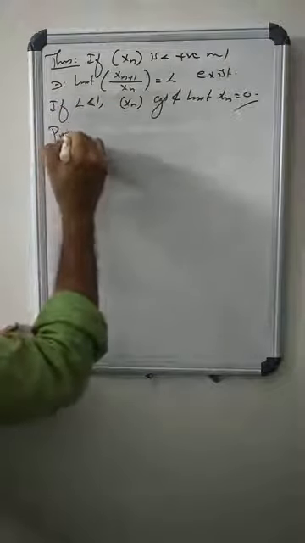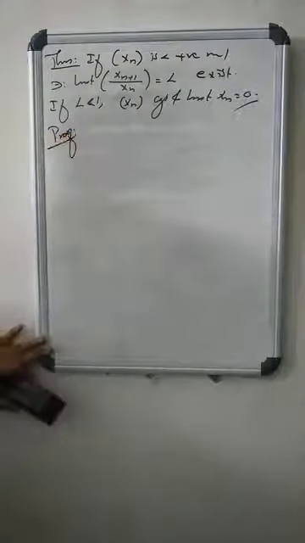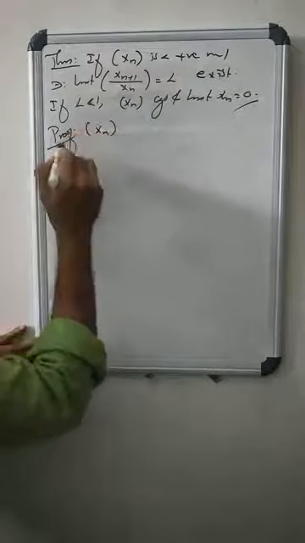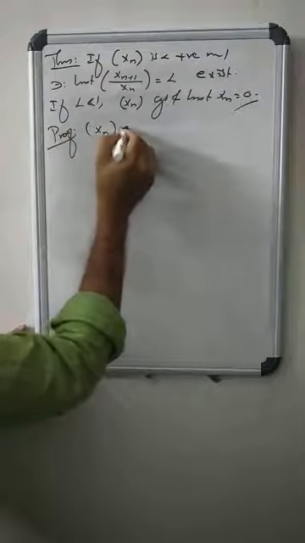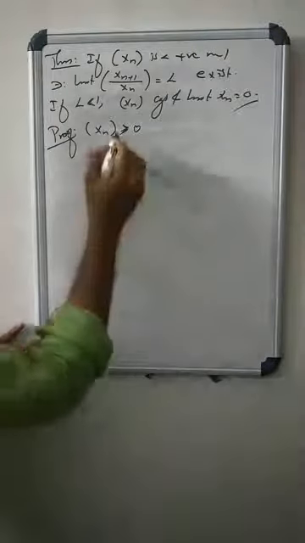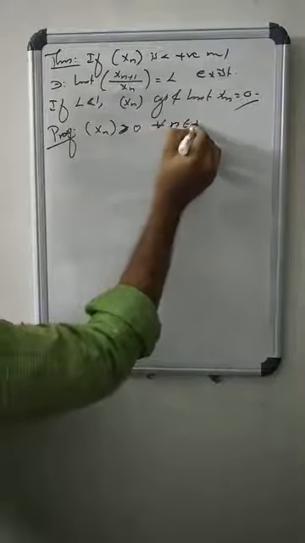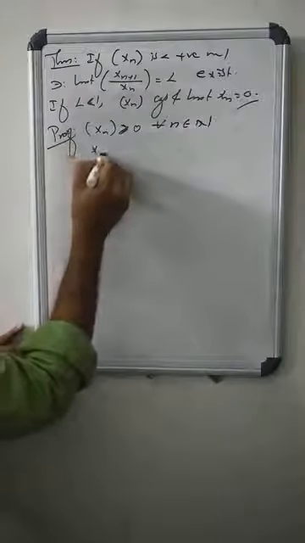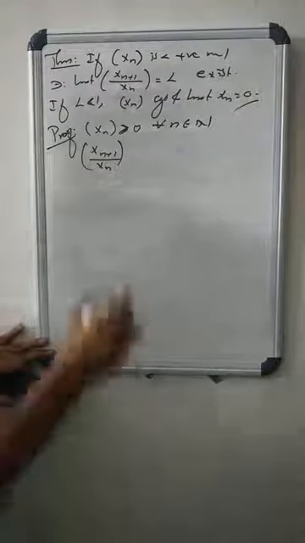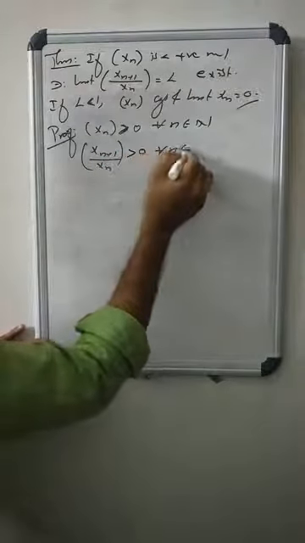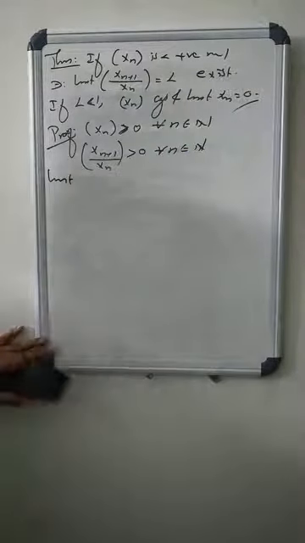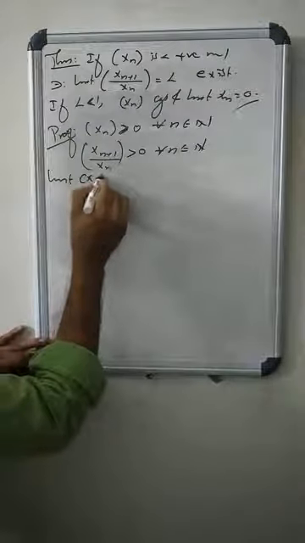How? The proof goes this way. Let {xn} be a sequence of positive real numbers, which means xn is strictly greater than 0 for all n in N. Therefore x_{n+1}/x_n is greater than 0 for all n in N. Then we know that if {xn} is a sequence of positive real numbers, then limit xn is greater than or equal to 0.